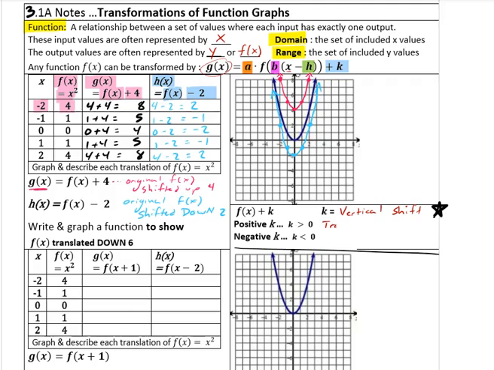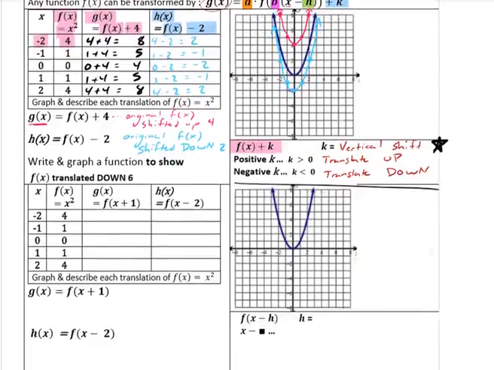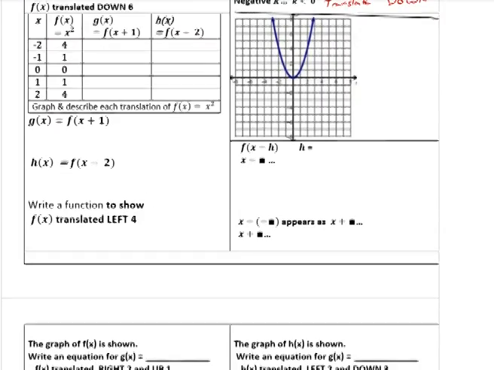So I'm just going to put translate up. When it's negative or less than 0, it's going to translate down. Whatever the number is, that's how many you move. Good, so far we've finished this part here. We learned what k is. Now let's go to the next part.